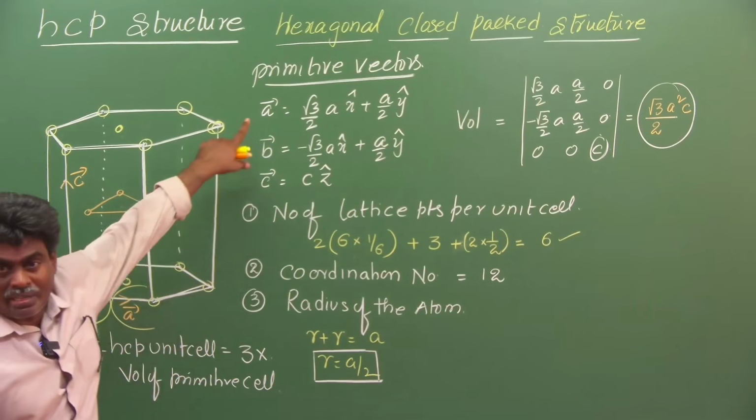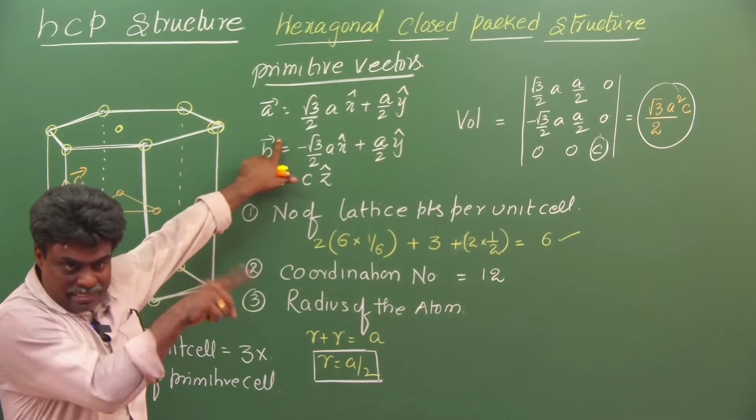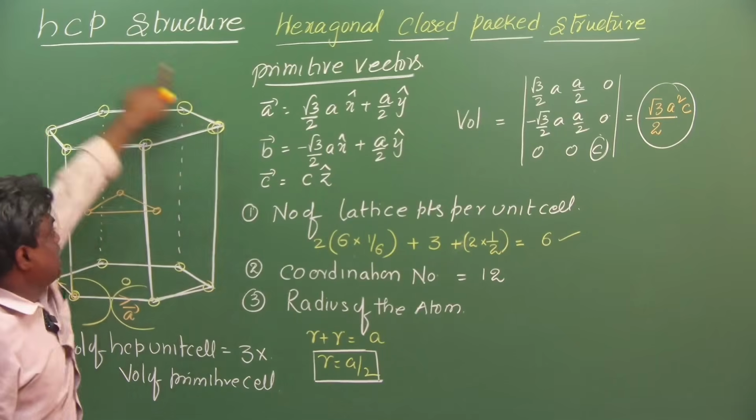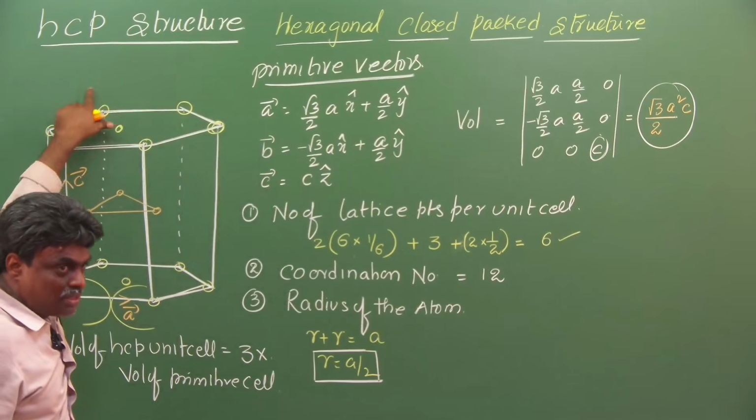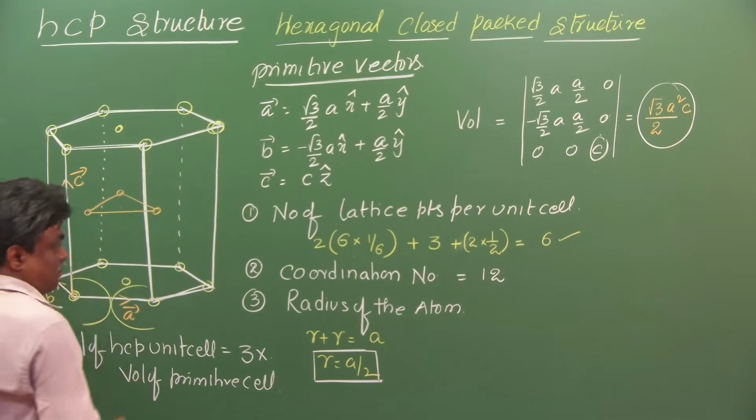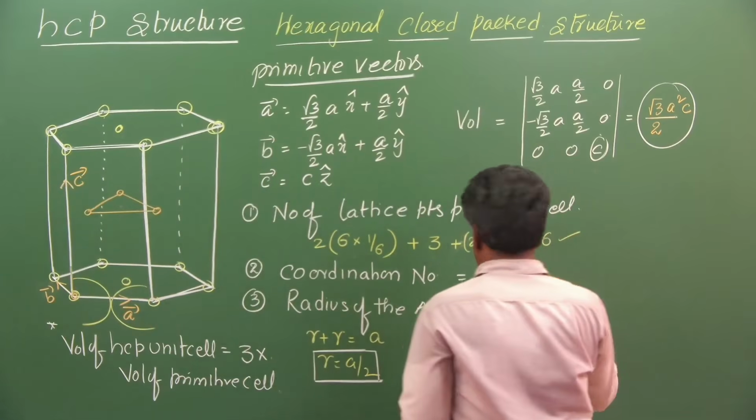Whatever primitive vectors you define, you get some volume, but the volume of this unit cell equals how many times? 3 times.